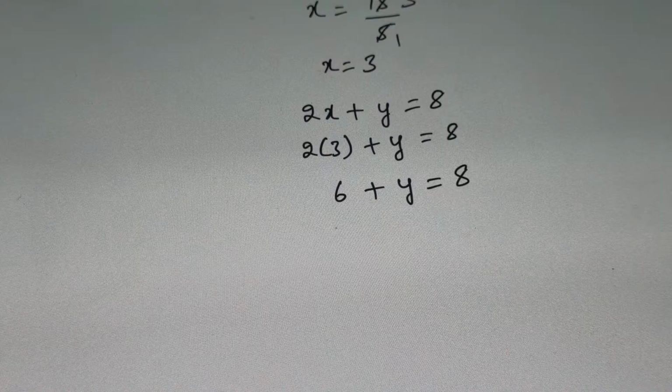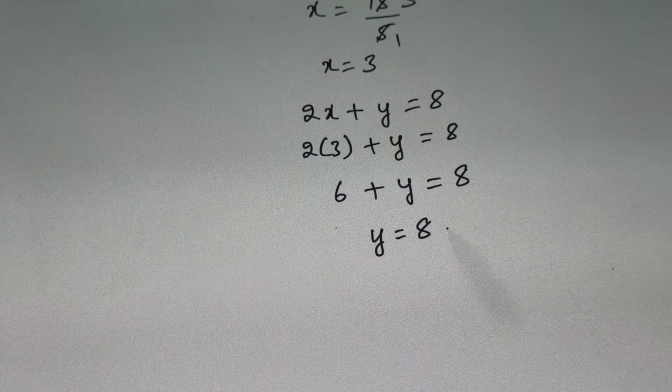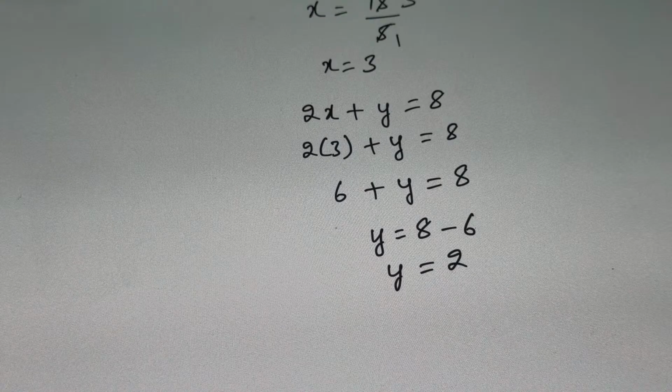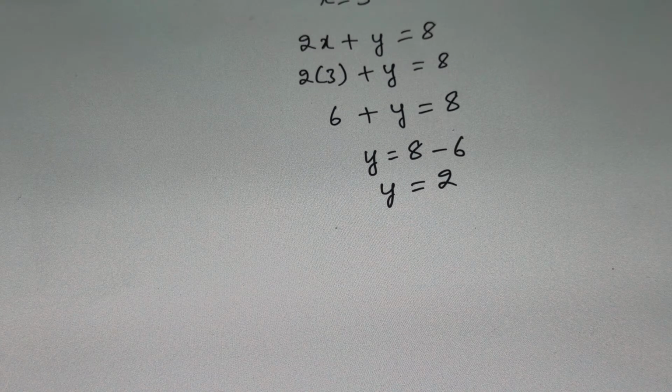Now shift 6 to the right side. We have y is equal to 8 minus 6, since plus 6 will become minus. So y is equal to 8 minus 6, which is 2. So y is equal to 2.